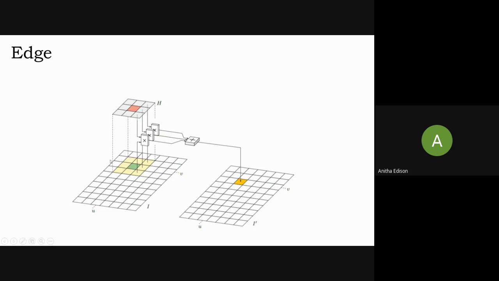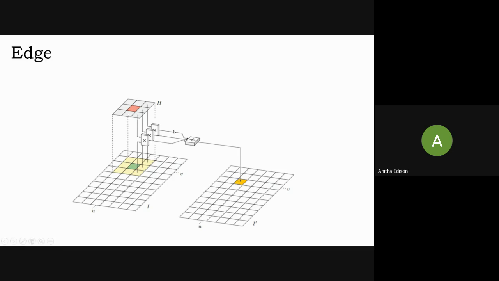The operation of the kernel at a particular pixel is to multiply the values of the kernel with the neighboring pixels, take the sum, and then replace the value of that pixel.